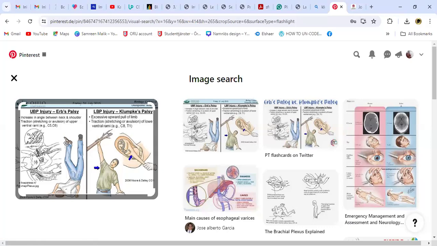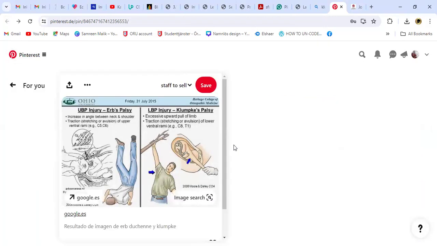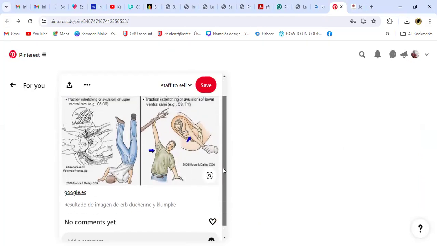It's just this little. And here you could also see both deliveries and the mode of injury of the upper brachial plexus on one side and the lower brachial plexus injury. So maybe here, yeah, a lot better.